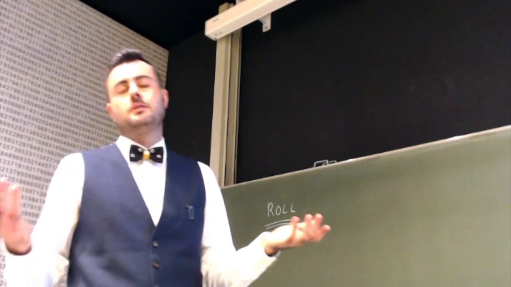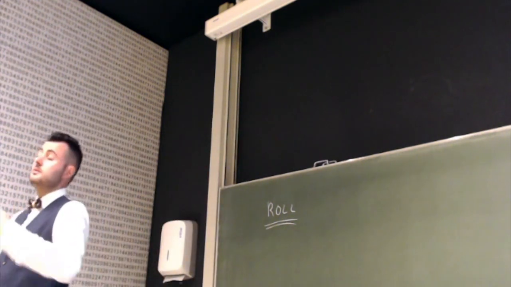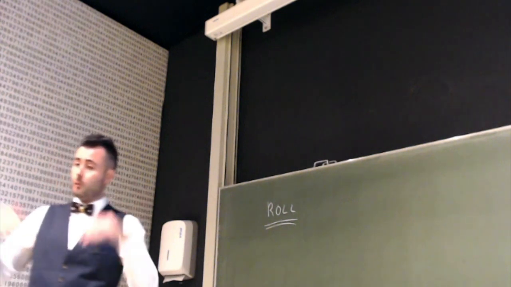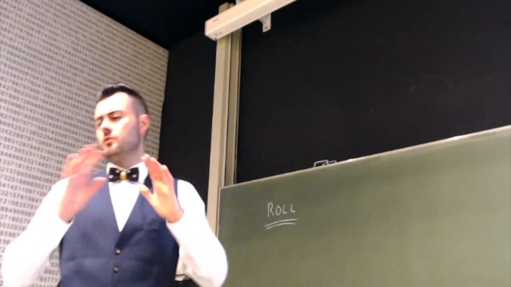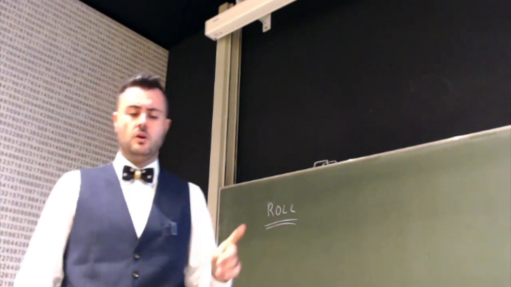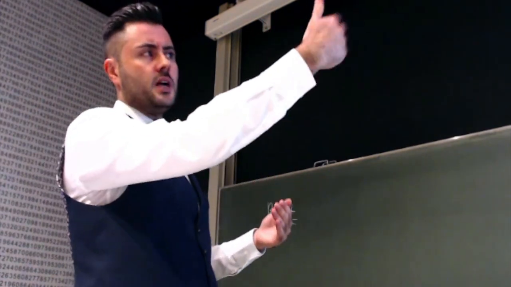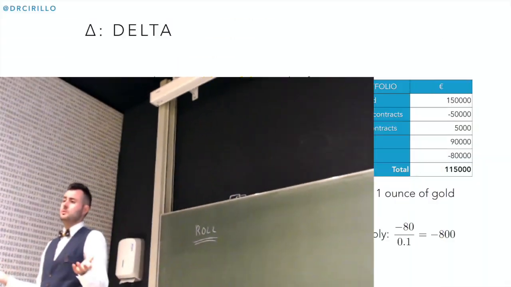But in reality, this is not the truth. So we have a portfolio that may contain different assets, with options on the different assets, with derivatives on the different assets. For the moment, we start from a very nice situation in which the portfolio contains different products, but they are all related to one asset. In this example, the asset is gold.